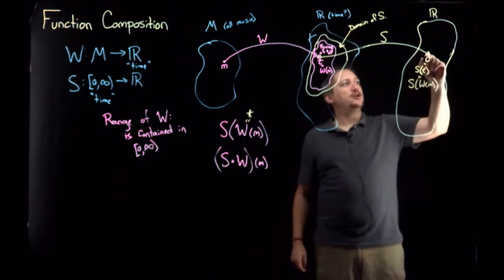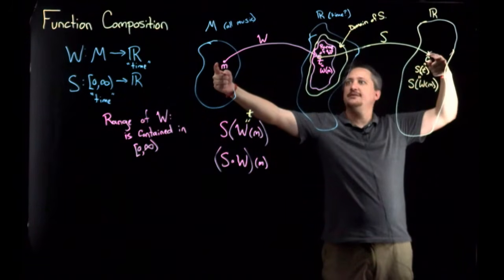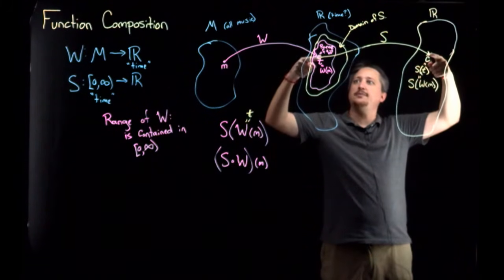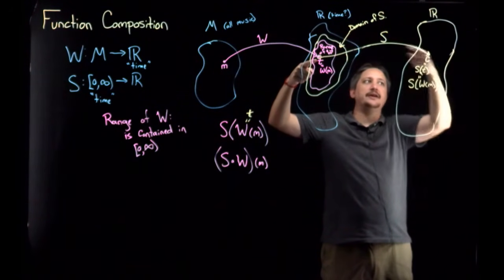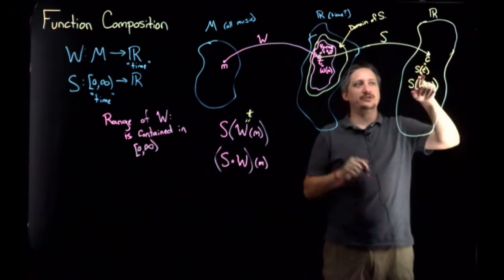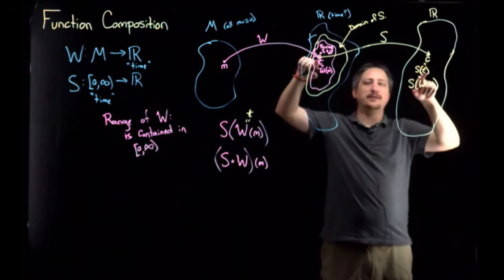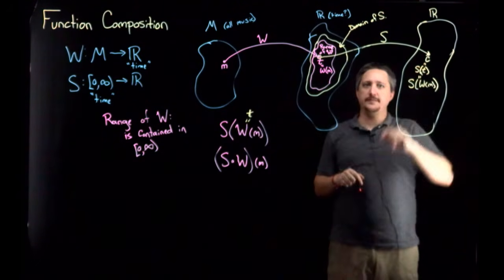So in order to go from here to here, I applied w to m, and then applied s to that result, right? So c is really just s of whatever that middleman was, but that middleman was really gotten by doing w of m. And that's how I get here.